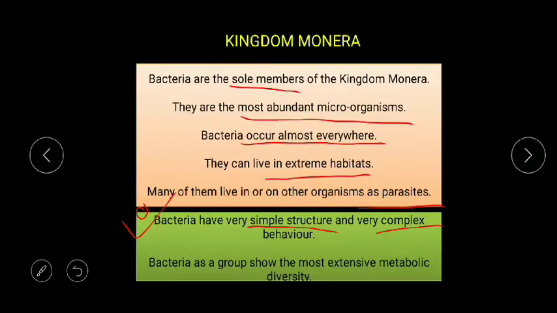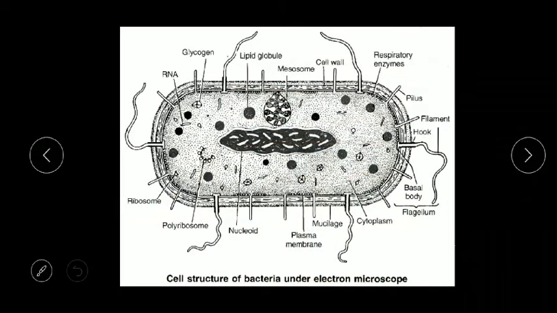Now if we think about bacteria as a group, they show the most extensive metabolic diversity. They are the most metabolically diverse organisms, because different strains of bacteria are available, and they developed due to different evolutionary purposes.